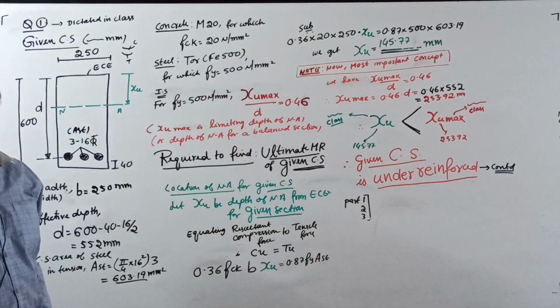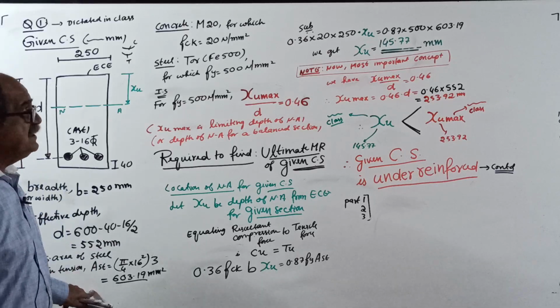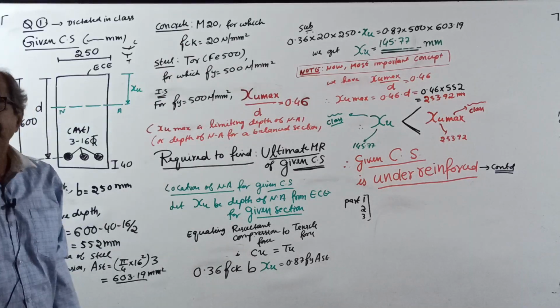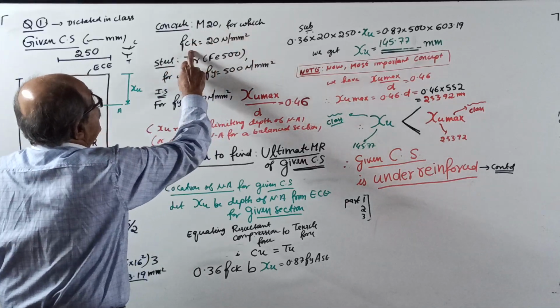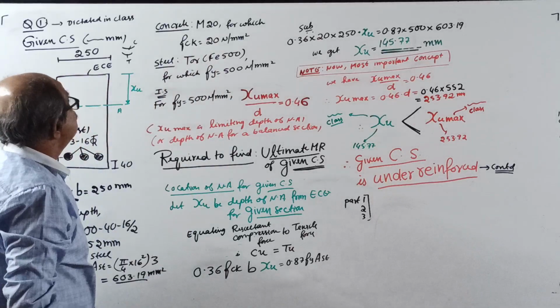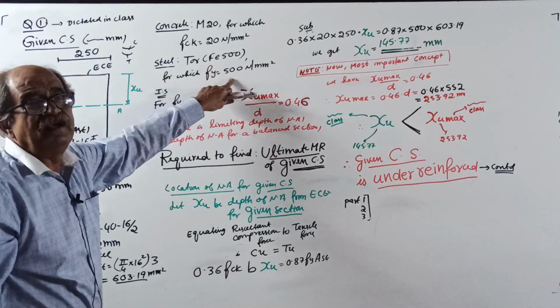Next, I told you the data: write B, write small d, write AST, then write FCK and FY. Concrete M20, for which FCK is 20 Newton per mm square. Steel given is Fe 500, for which Fy is 500.